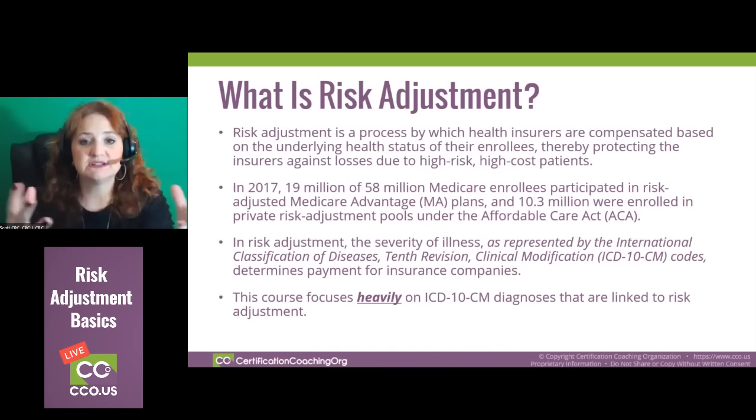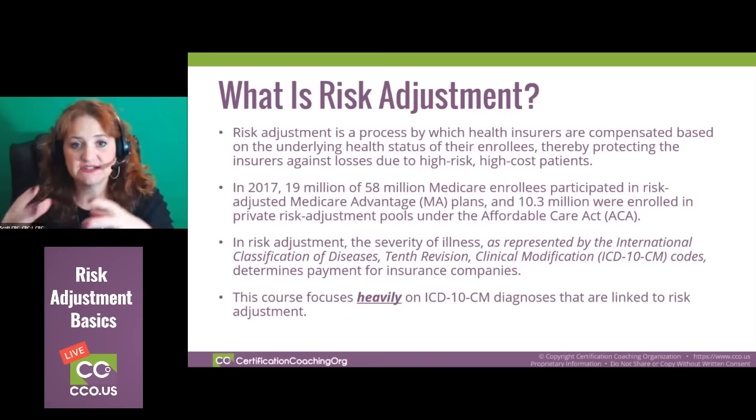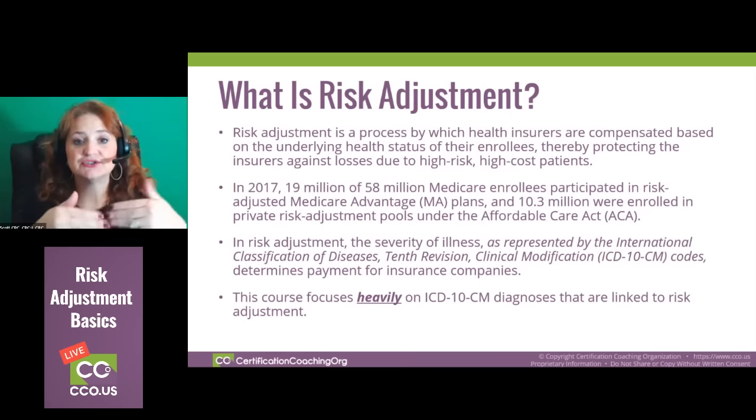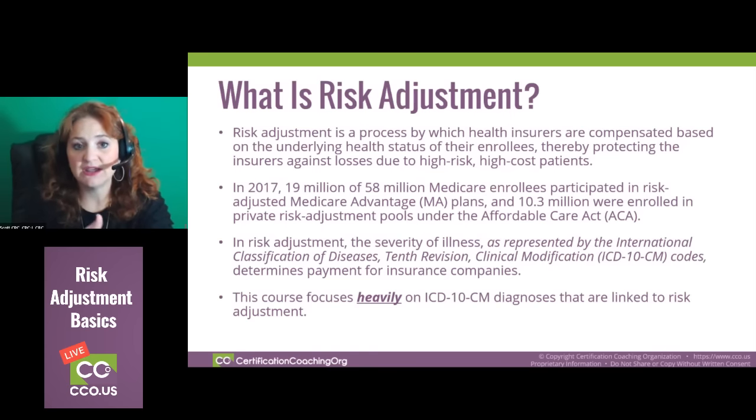And that's where risk adjustment starts playing a role. It pays attention to the diagnoses and how sick the patient is with comorbidities versus what is actually being done, because it's understood that a plan of care is regimented for specific diagnoses.